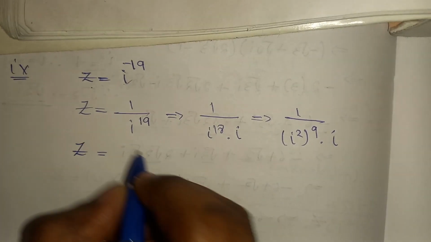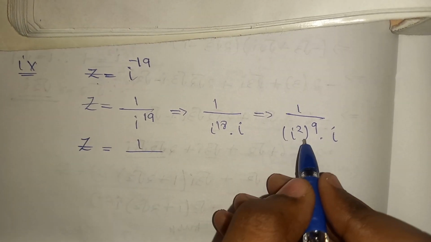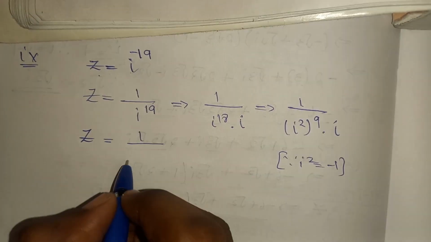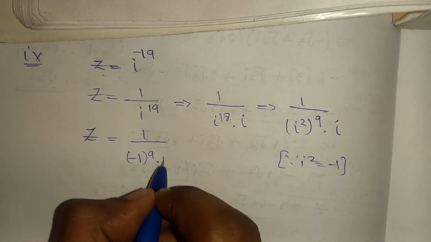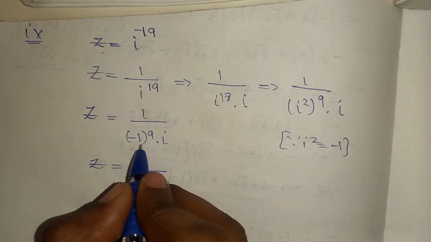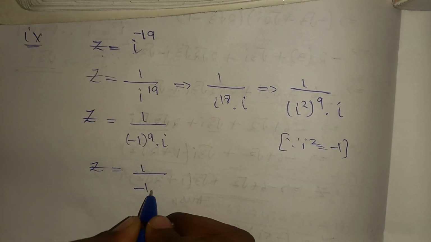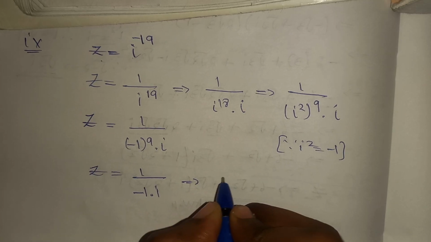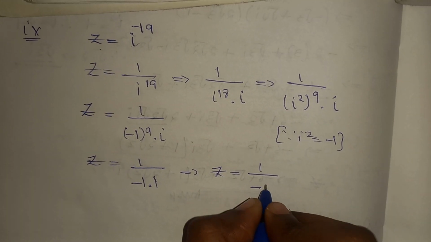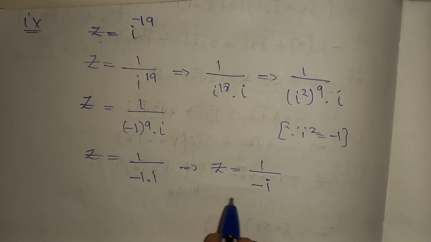Therefore, z will be equals to 1 by i square. Since i square is equals to minus 1, we get it as minus 1 to the power 9 into i. Therefore, z is equals to 1 by minus 1 to the power 9, which is minus 1 into i, which is equals to 1 by minus i. This is z.